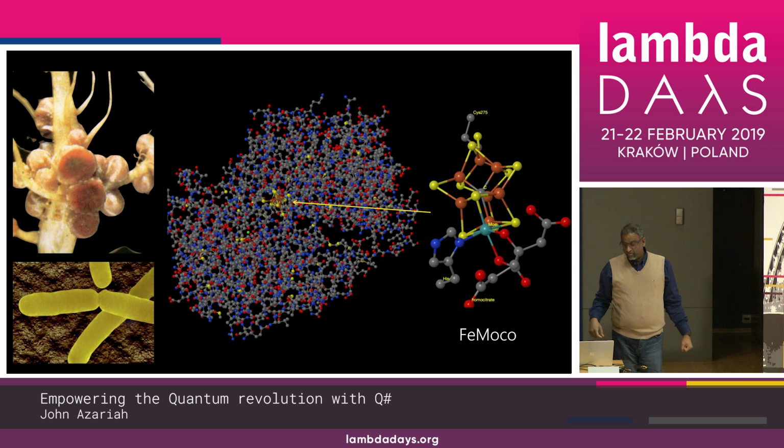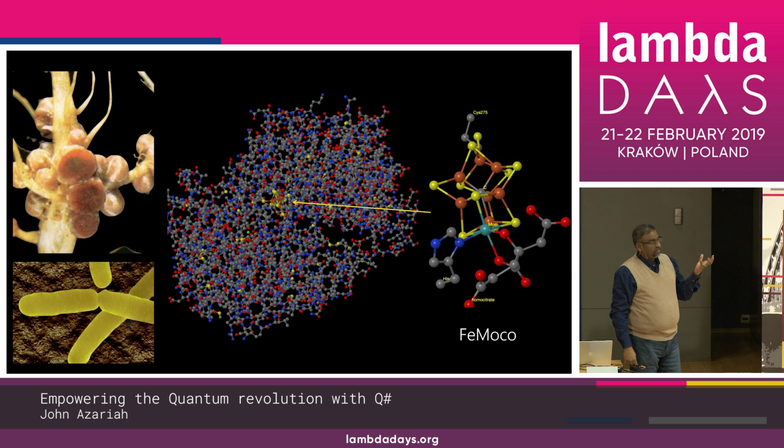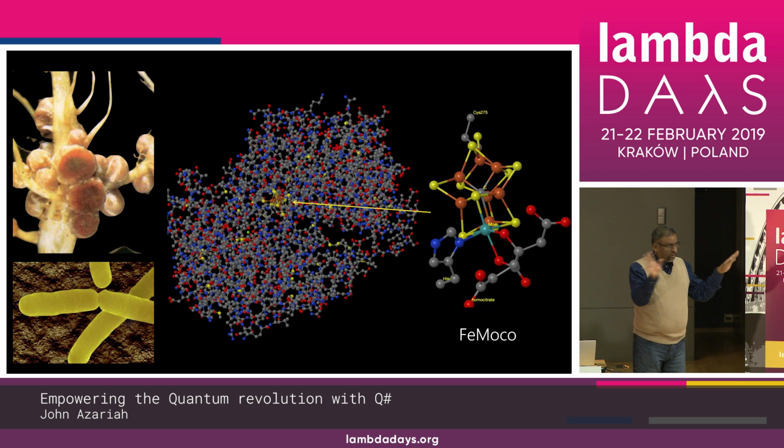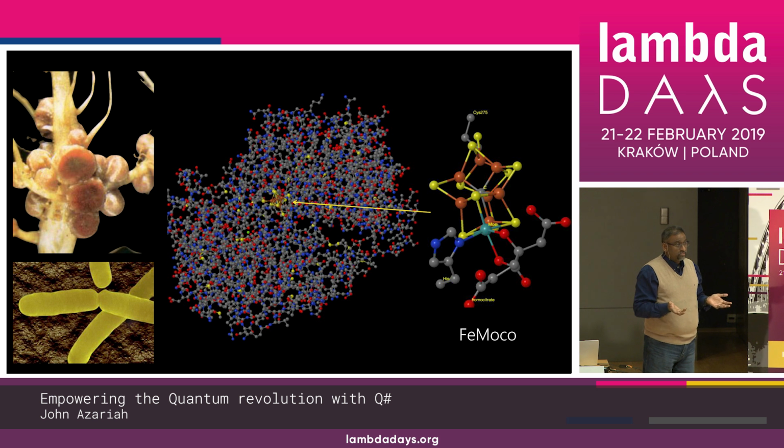And those bacteria know how to convert atmospheric nitrogen and hydrogen from water to ammonia at room temperature and atmospheric pressure. Very far cry from the kind of high pressure, high temperature requirements of the Haber-Bosch process.